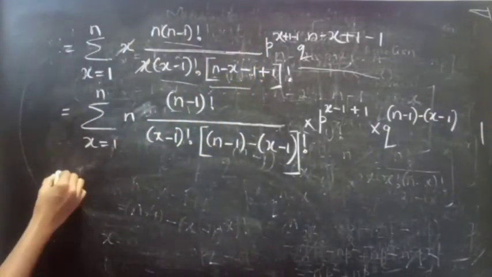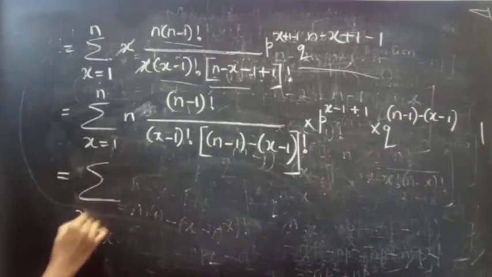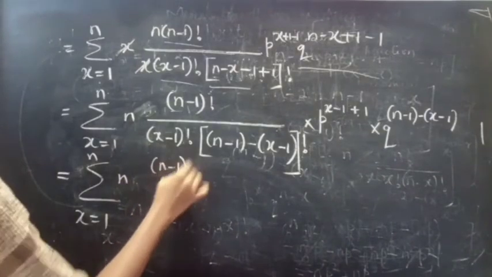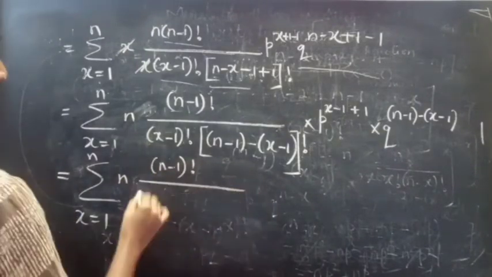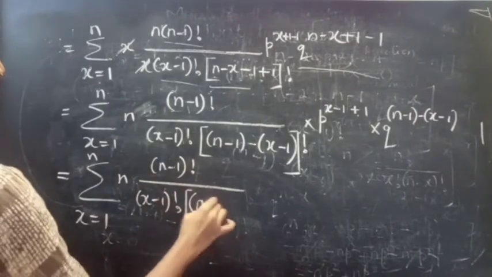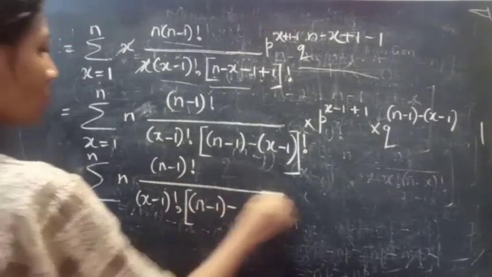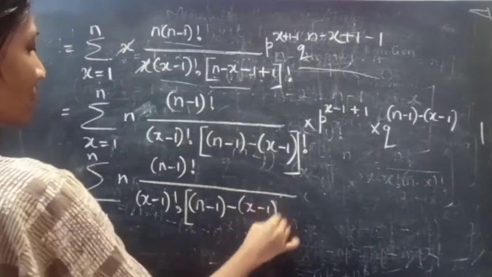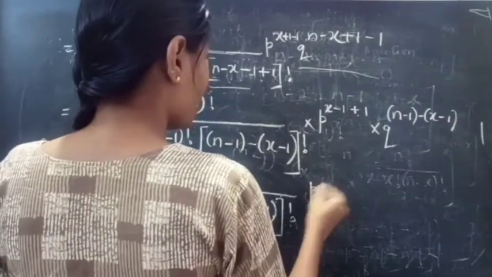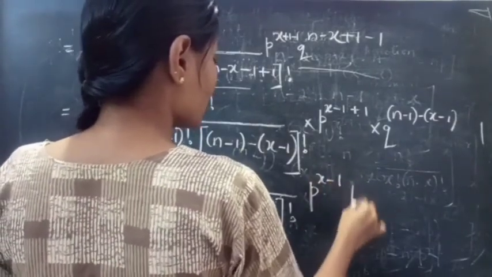Okay, so this equals summation x equals 1 to n, n minus 1 factorial by x minus 1 factorial into n minus 1 minus of x minus 1 factorial, p power x minus 1 into p.